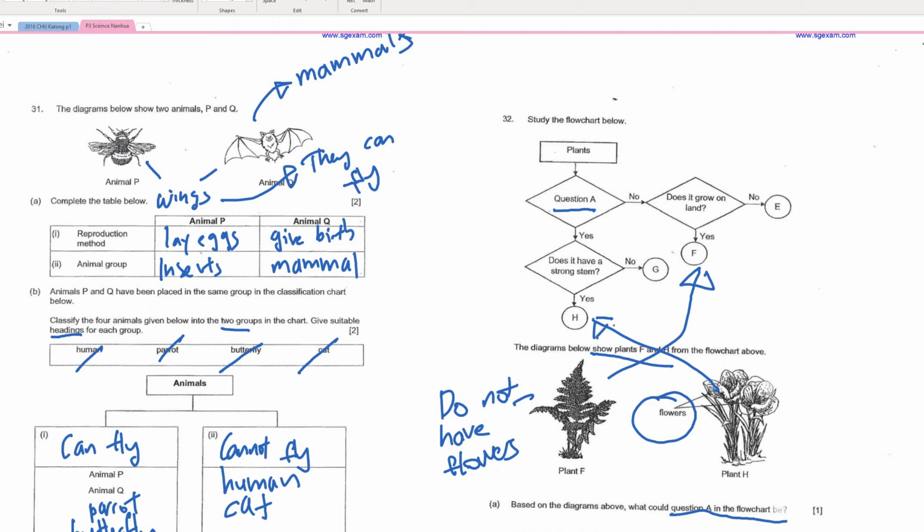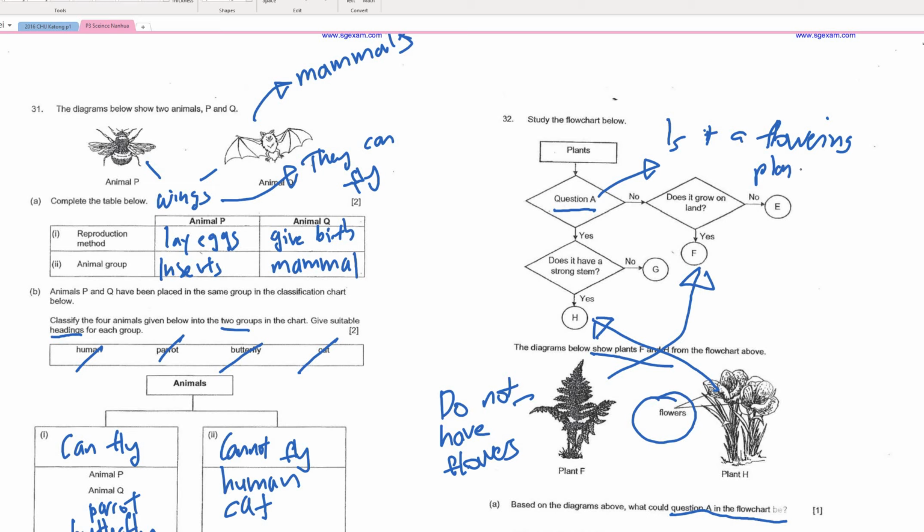So actually one possible question that A could be is, is it a flowering plant?